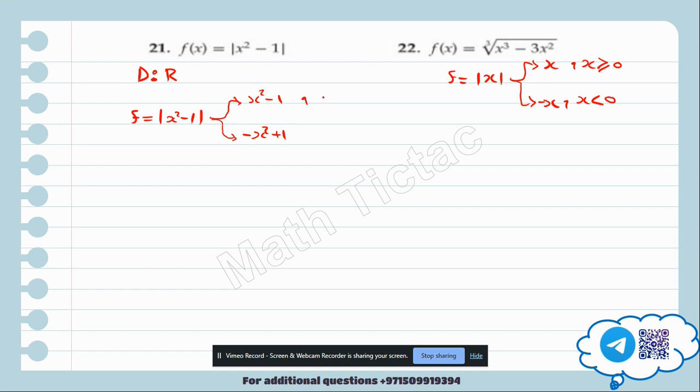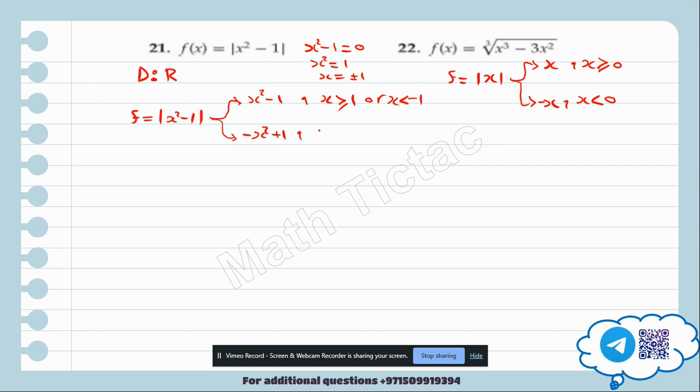For now we have to find the zeros for the expression inside. x squared minus 1 equal to 0 gives x squared equal to 1, then square root, so I will have positive and negative 1. So this is when x is greater than the highest value, which is 1. Let's put an equal sign over here, or when x is less than minus 1.